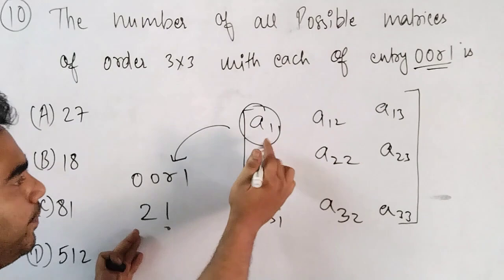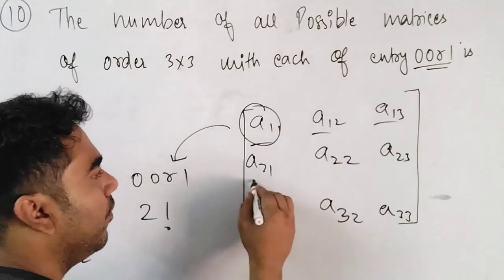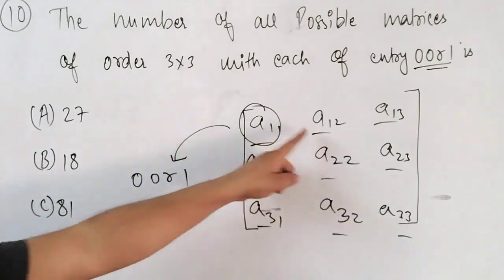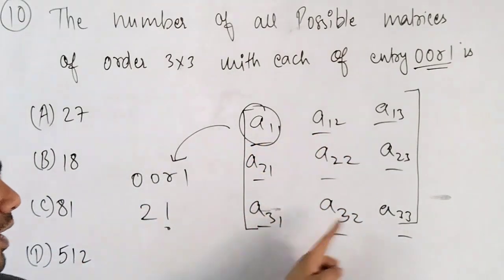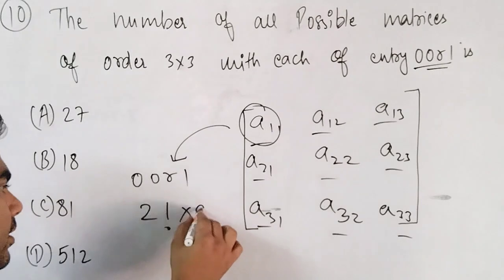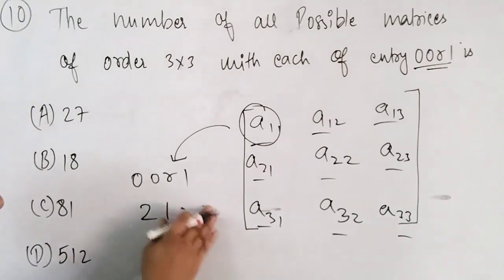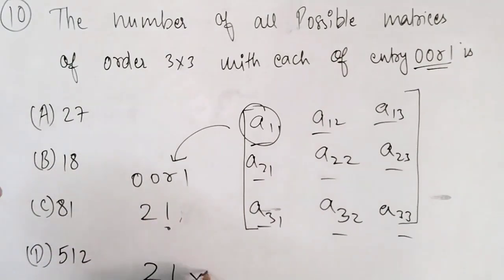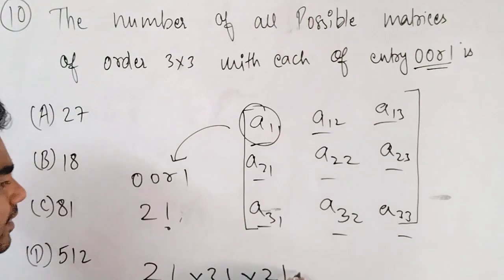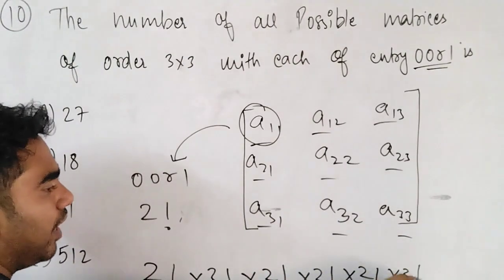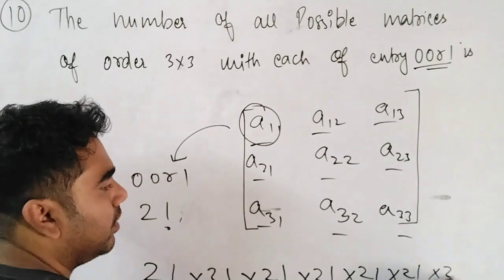And how many places can we put this value? 1, 2, 3, 4, 5, 6, 7, 8, 9. That means 2 multiplied 9 times. 9 possible places to put the value 0 or 1.